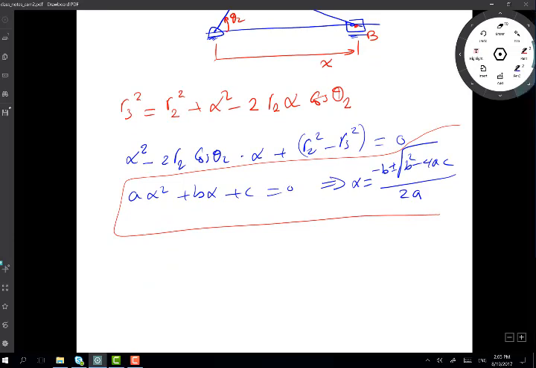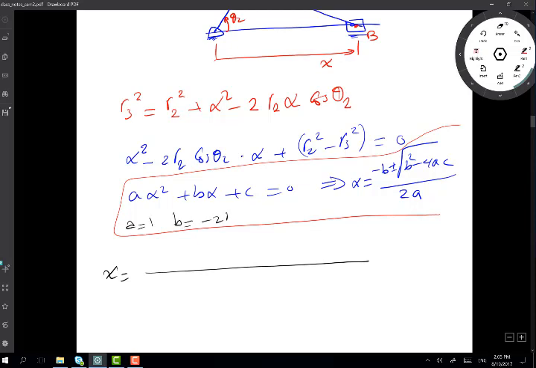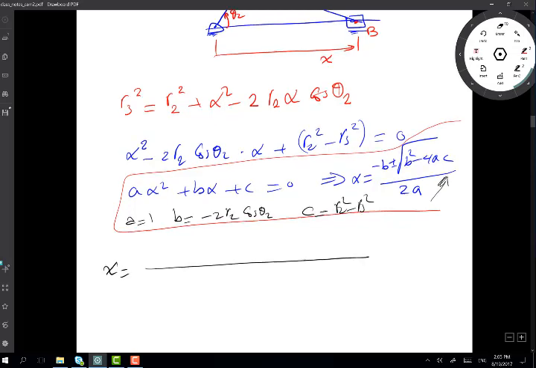Now I have a is equal to 1 in my case, b is equal to minus 2 R2 cosine theta 2, and c is equal to R2 squared minus R3 squared. I just apply these values here to find the roots of x.